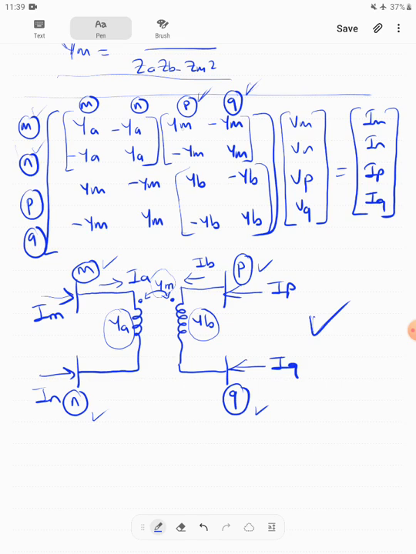Because of this, all the bus names, M, N, P and Q, must be written in order to describe the row names and the column names when constructing this matrix involving the term YM and minus YM.